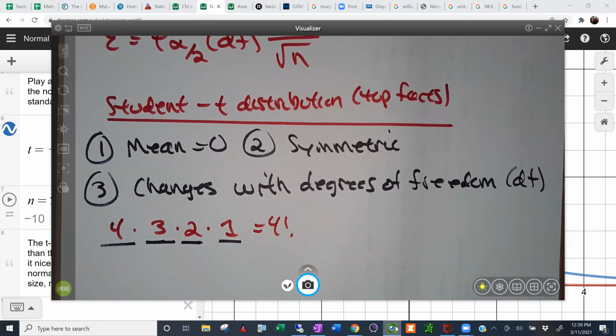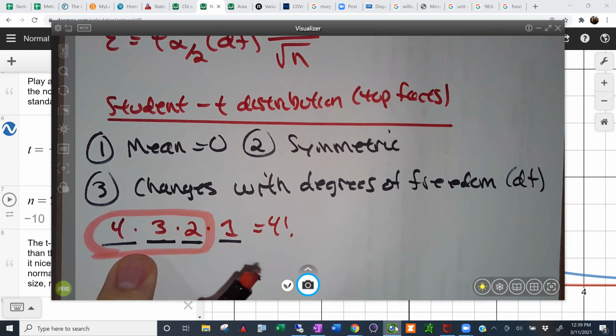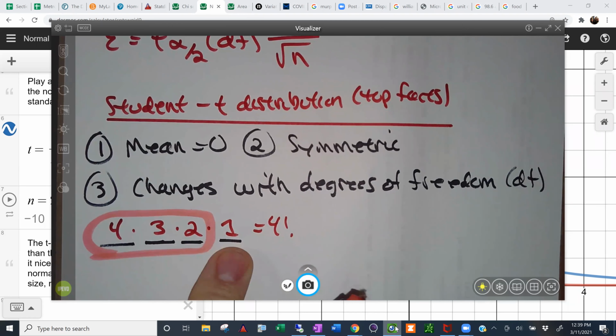But if you look at the number of choices I actually had, I could choose who sat here, here, and here. But after I finished assigning the first 3, did I have a choice as to who got this last seat? No, right? You had choices for here, here, and here, but when you got down to this last seat, you were stuck. Whoever's left, that's who's sitting in that seat.